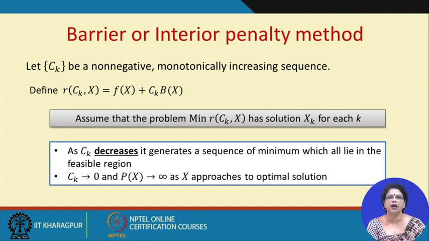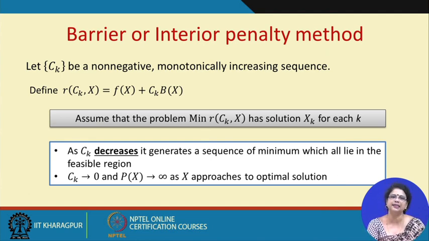Now, C2 must be less than C1. Okay. Then only can we move towards the boundary of the feasible region. That is why in this method, instead of increasing C, we have to decrease C.